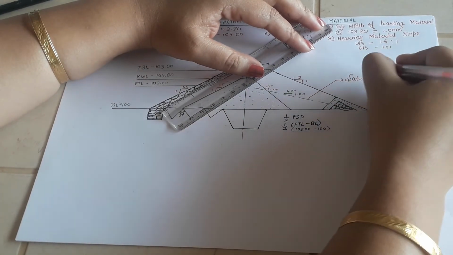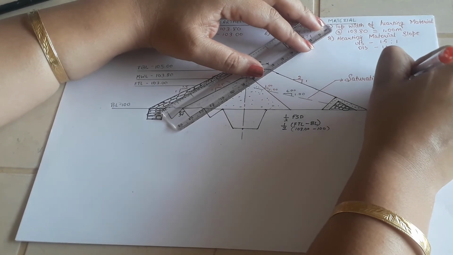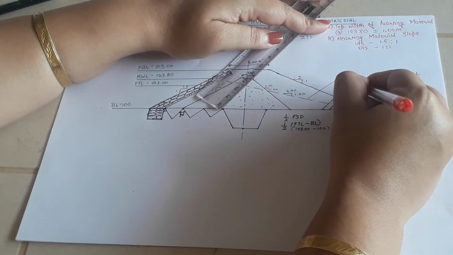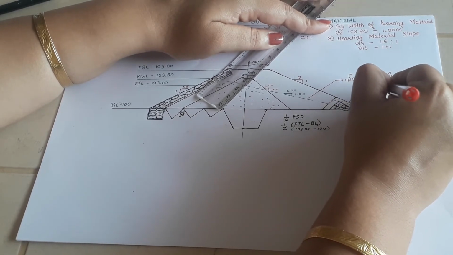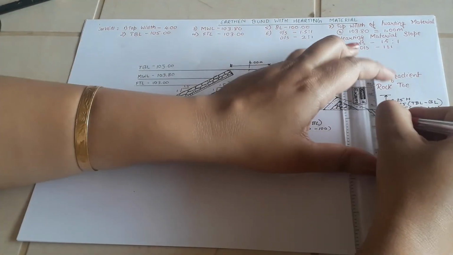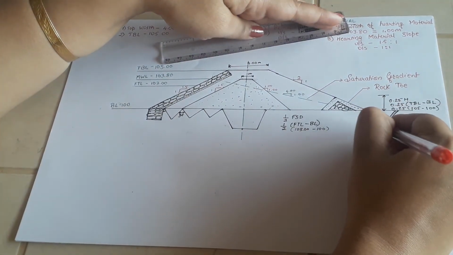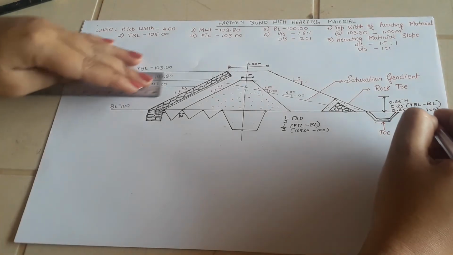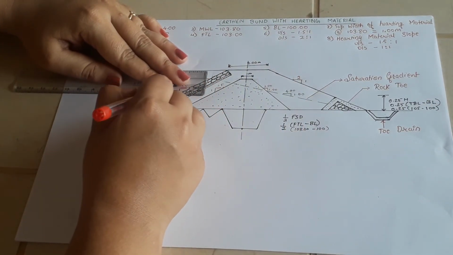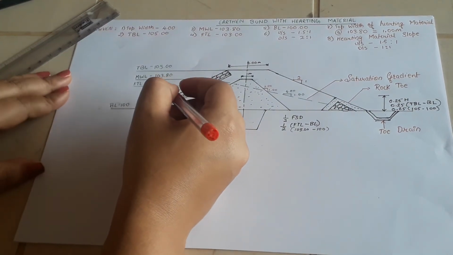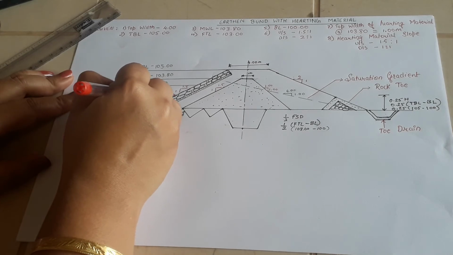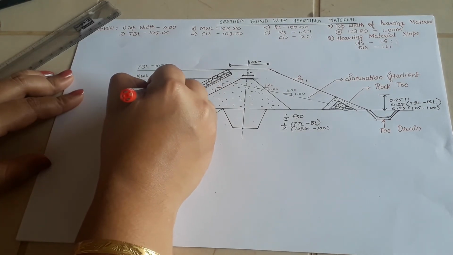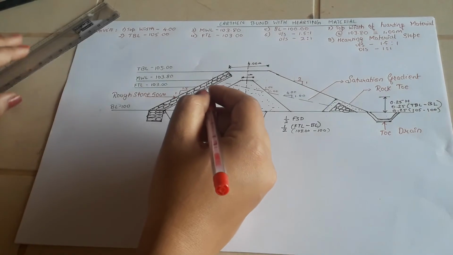Saturation gradient, rock toe, toe drain, rough stone, 50 centimeters thick or 0.5 meters.